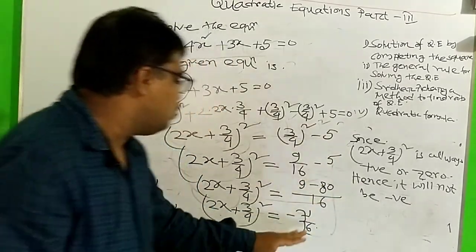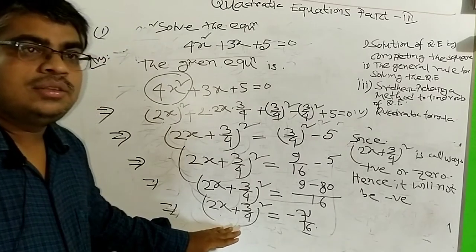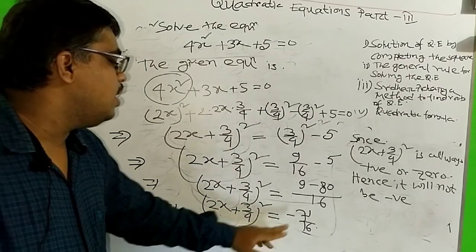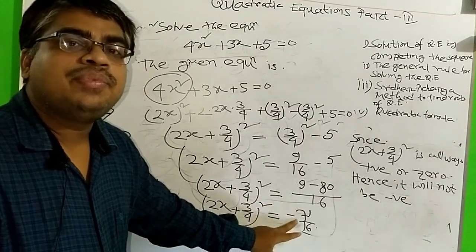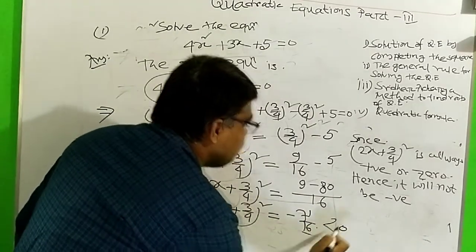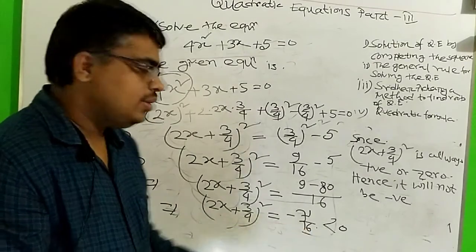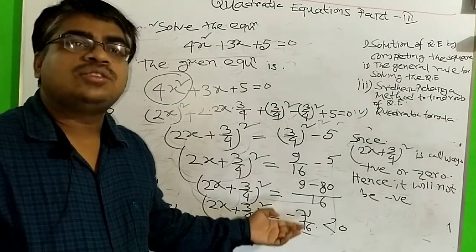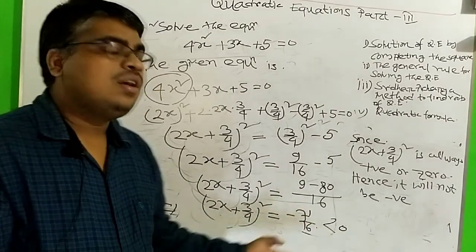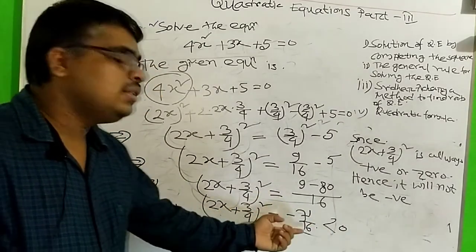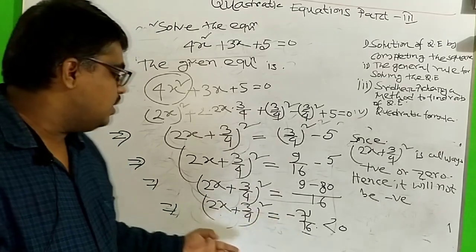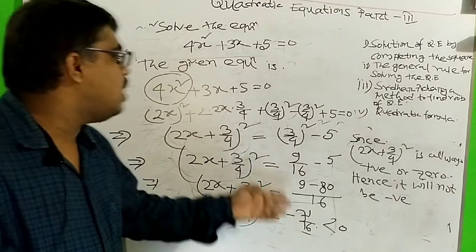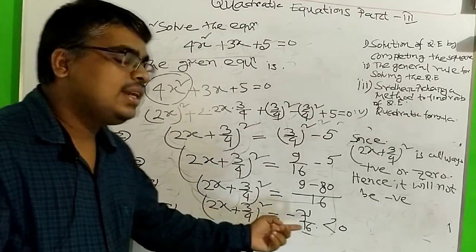Thus there is no real number for which 2x plus 3 by 4 whole square becomes a negative term. So there is no real number for which the expression is satisfied. That is, we cannot find any real number for which the whole equation is satisfied.